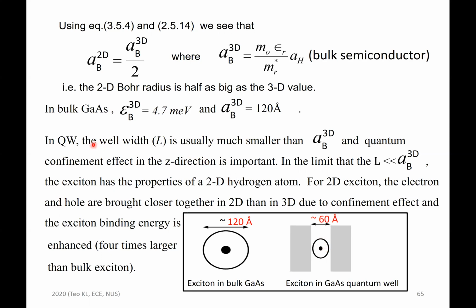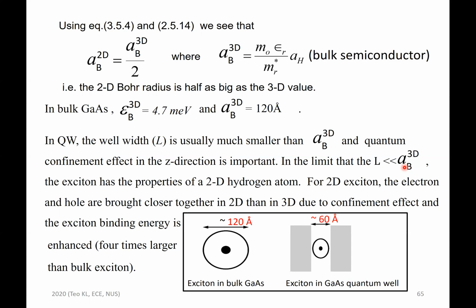Now, in a quantum well, the well width is usually much smaller than the Bohr radius in the three-dimensional case. If that is the case, then quantum confinement is important, especially in the limit where the well width is much smaller than the Bohr radius of the three-dimensional case.